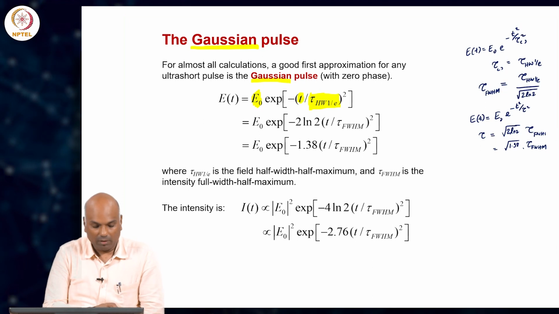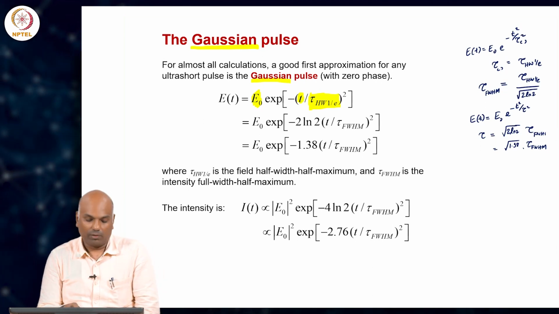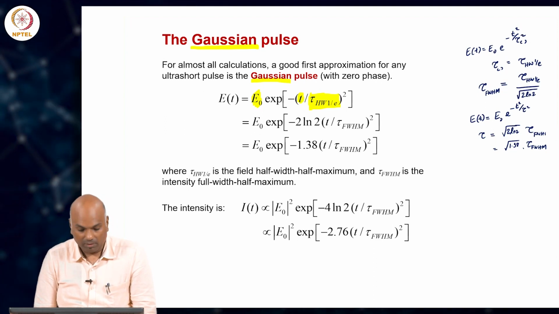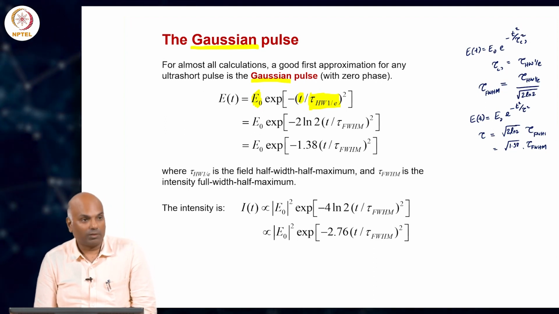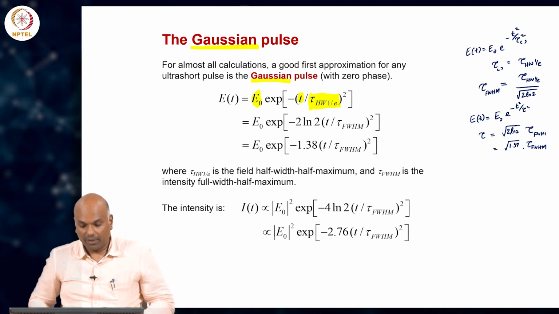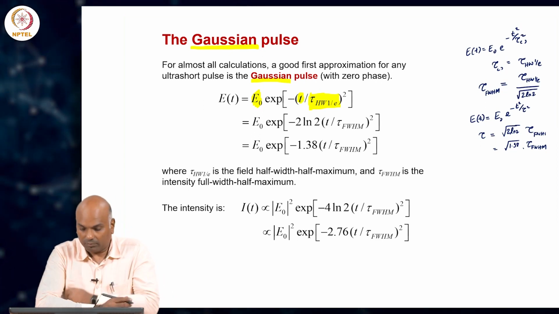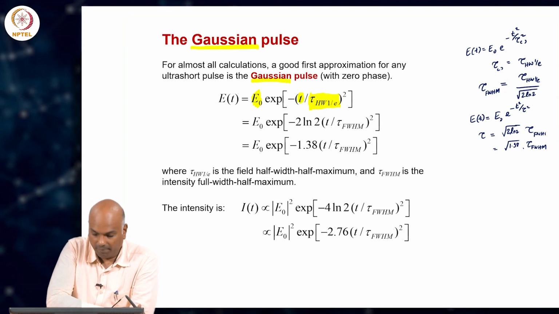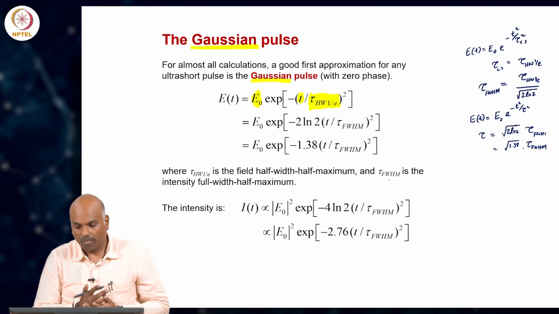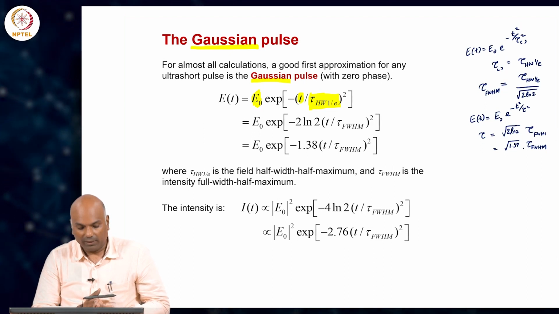So, half width at 1 over e is also the half width at half maximum roughly. These are all notions that we must use a bit carefully, but oftentimes we do not do. And FWHM is the full width at half maximum.